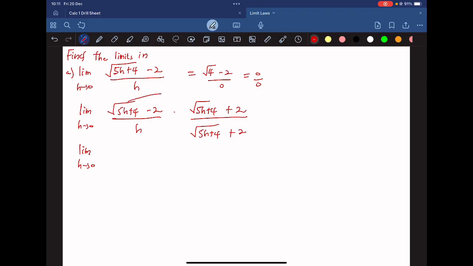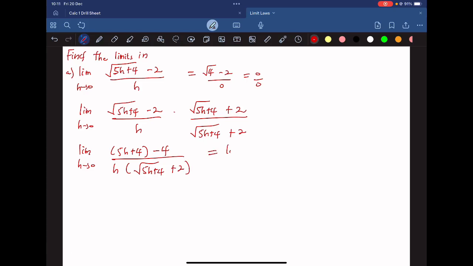So if you do that, this multiplies by this, you have your square root vanishing, then this times that, this times this, you get to see that those two terms cancel out. So you have to multiply the last two terms. So minus 2 times 2, you have negative 4. Then you leave out the denominators, right? So you have square root of 5h plus 4 and plus 2.